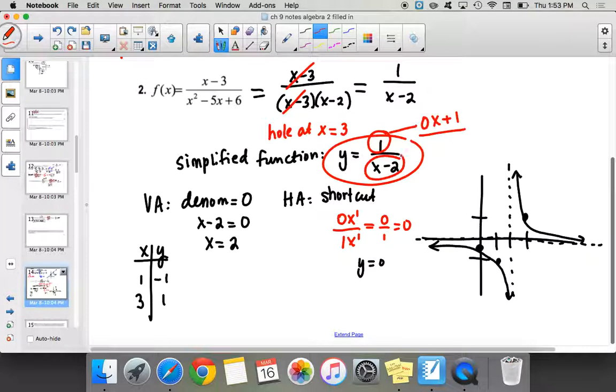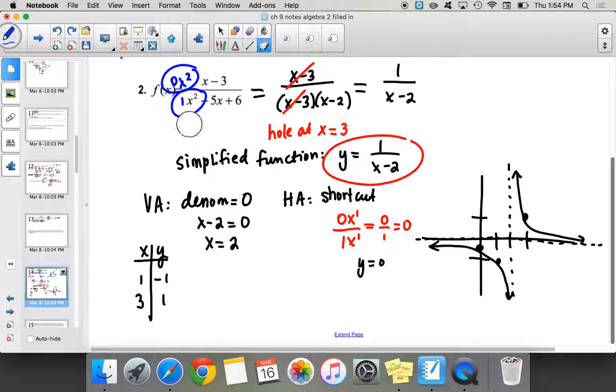And then x minus 2 is 1x minus 2. So we're going to do 0x over 1x. You're writing it in descending powers, like you're looking for your largest degree. You could go back to the original too if you want to. So you could go back here and say, oh, I have 0x squared over 1x squared, and it gives you the same thing.